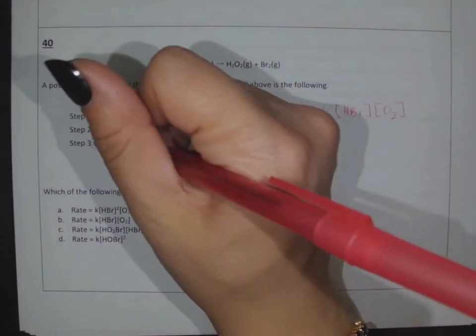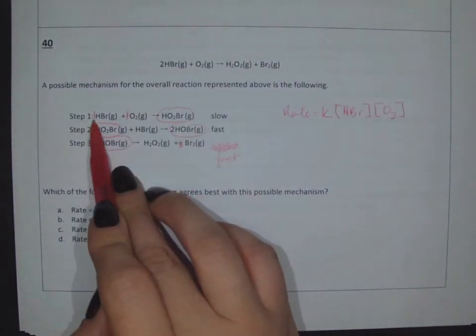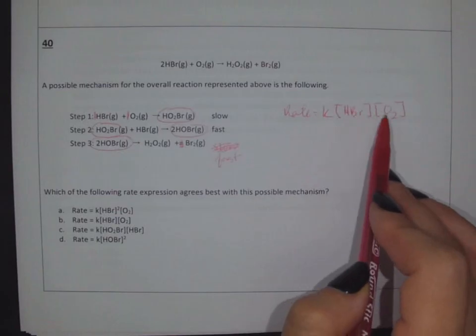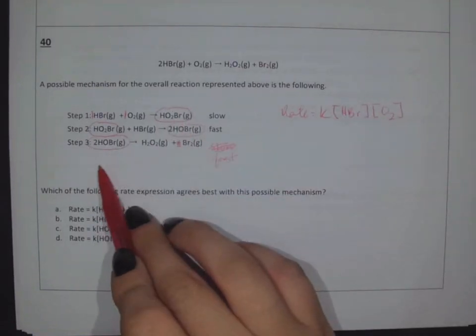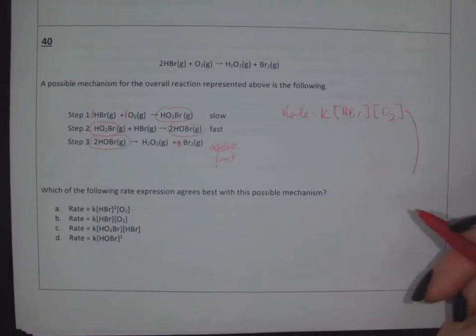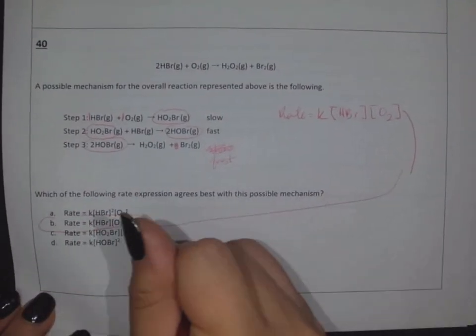Whatever the coefficients are, that's what their orders are. This is a coefficient of 1, this is a coefficient of 1, so they're both first order. Neither one of those is an intermediate, so we are done. The rate law of this slow step is the overall rate law. That's our answer.